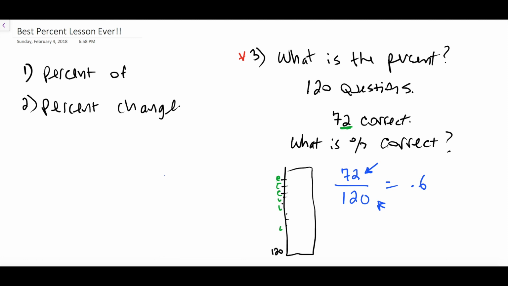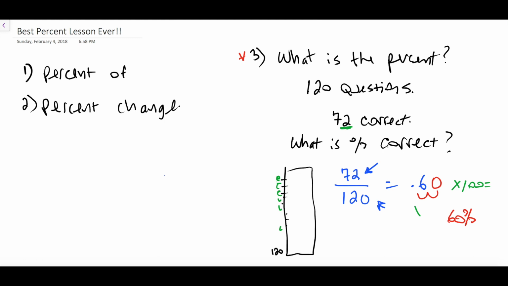You got a 0.6, and you can put as many zeros as you want. Then you multiply it by 100. But multiplying it by 100 just means you move the decimal, and you end up with 60%.